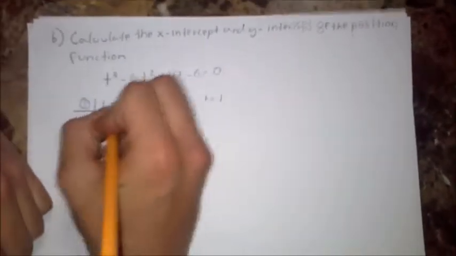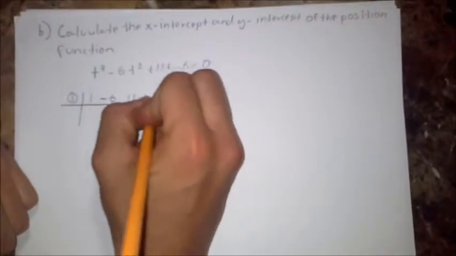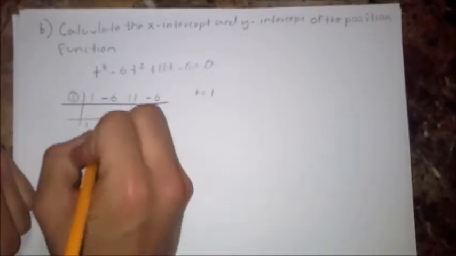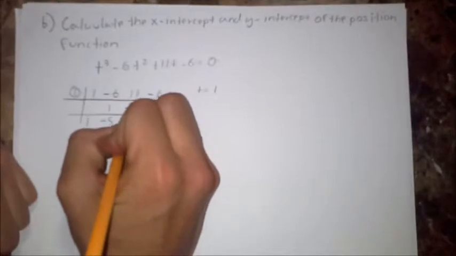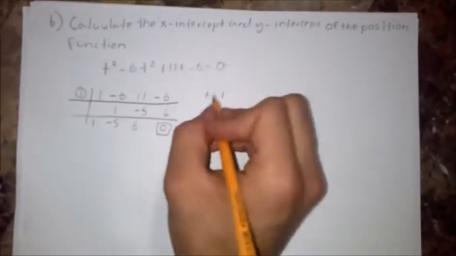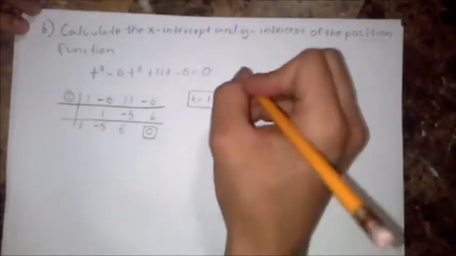We put in the values 1, minus 6, 11, and minus 6. We obtain a 0, so t equal to 1 is a factor.